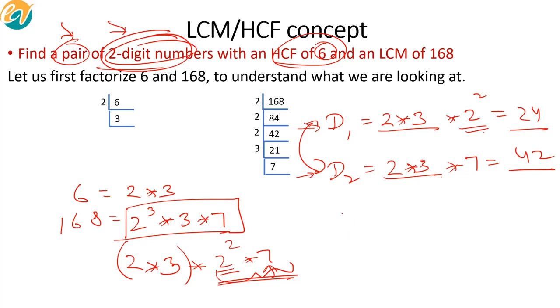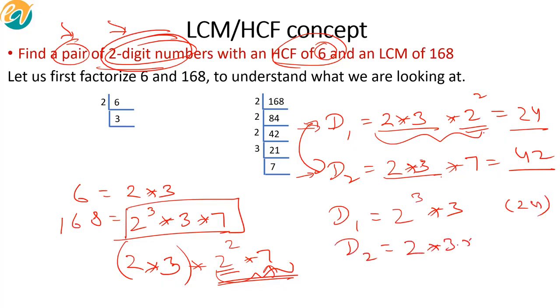Again, let's do a basic sanity check. D1 is equal to how much? 2 cube into 3, which basically is 24. D2 is how much? 2 into 3 into 7, which is 42. So going by what we just discussed in the last few slides, what would be the LCM of D1 and D2?